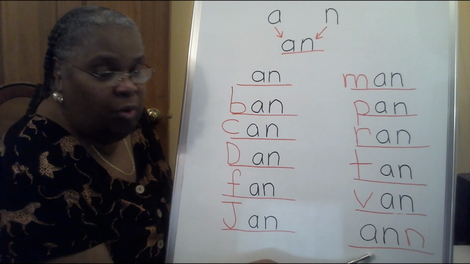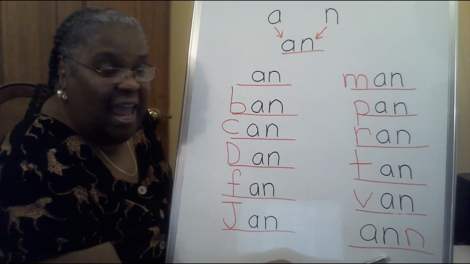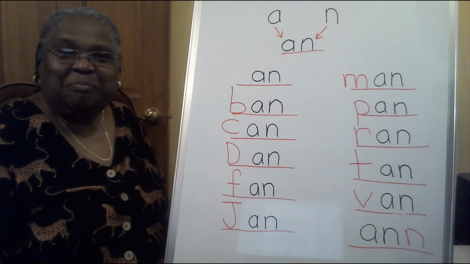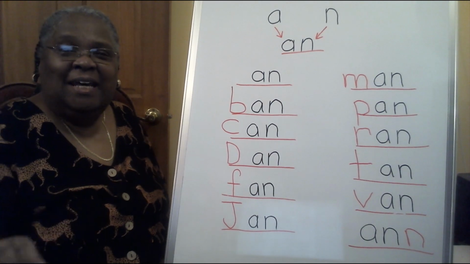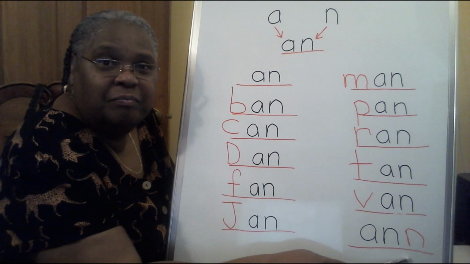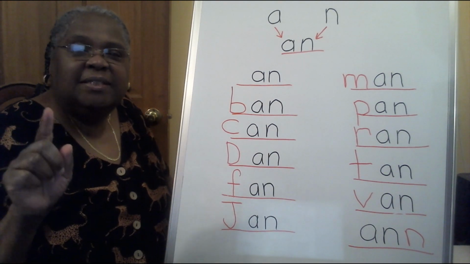Now say the word an with the N sound together smoothly, and. Very good. Notice that the two N's next to each other form one sound.